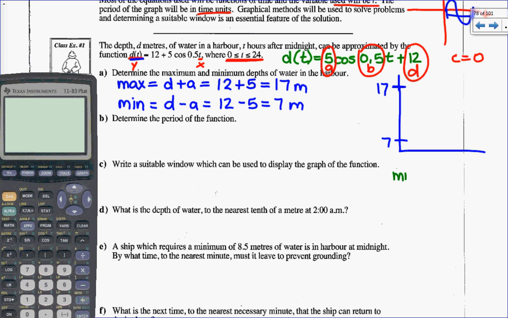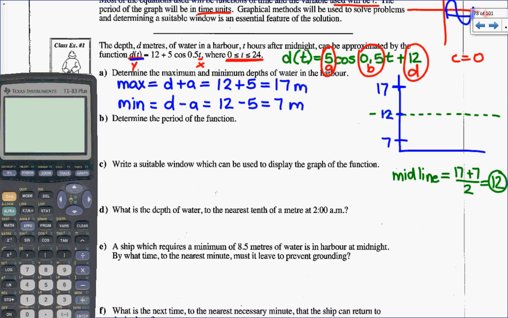We probably can figure it out from that, but we also have an equation, and the equation for the midline is 17 plus 7 divided by 2. So 17 plus 7 is 24 divided by 2, that's 12. So our midline is 12. So right across here, right in the middle between our highest point and our lowest point would be our midline of 12. Okay?